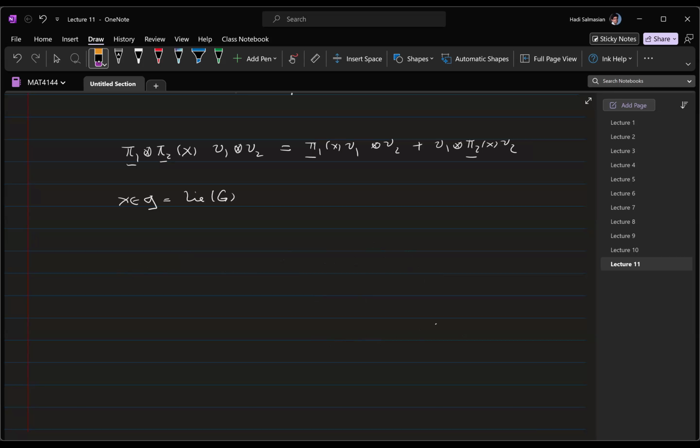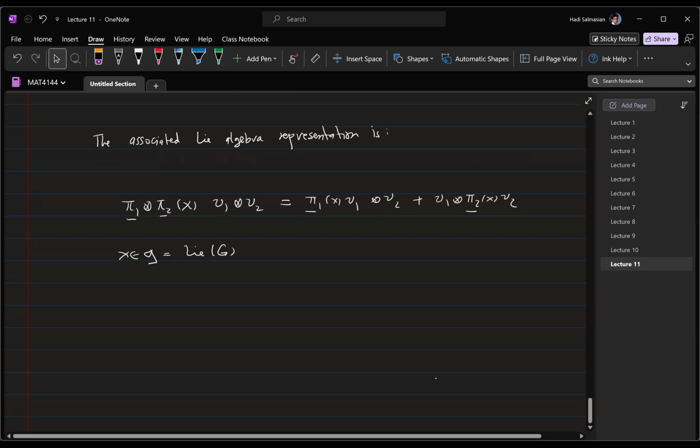So the tensor will act like a product. When you differentiate pi1 tensor pi2, we got that result because the tensor is kind of like a product. Well, the thing is that the tensor is a bilinear thing.